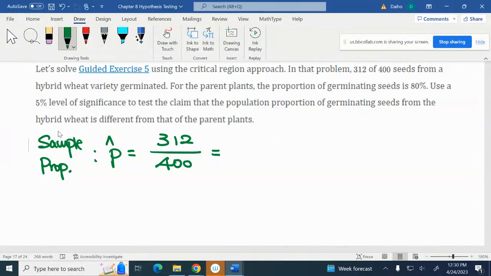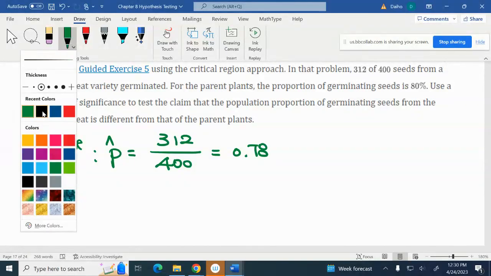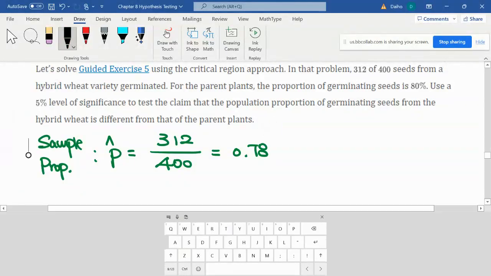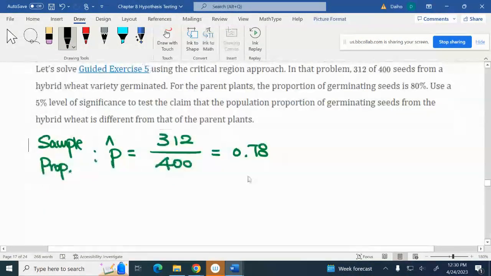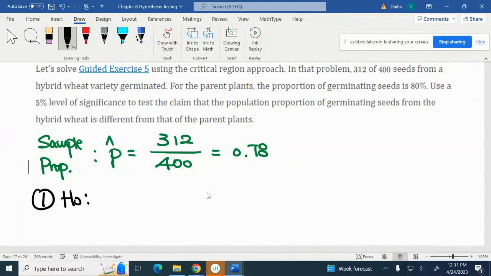Then the fraction, the proportion, will be 0.78. And I want to test the proportion equal to 80%, 0.8.